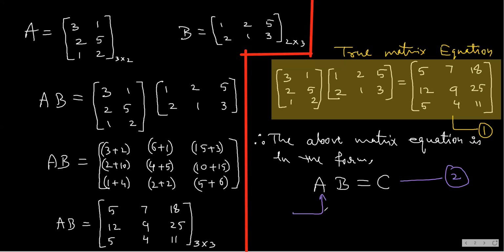This is the prefactor matrix, and this is the post-factor matrix, and we will call this matrix the RHS matrix, right hand side matrix. I will bring some transformation in any one of these matrices.